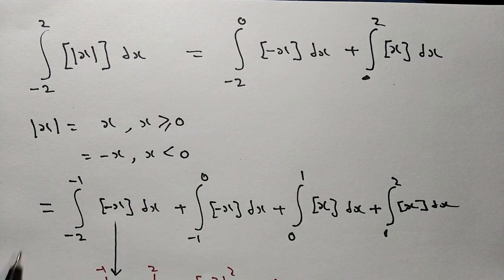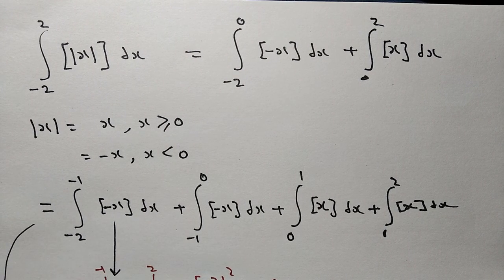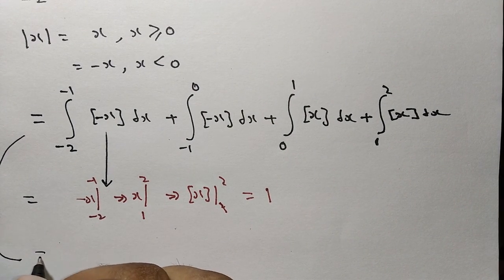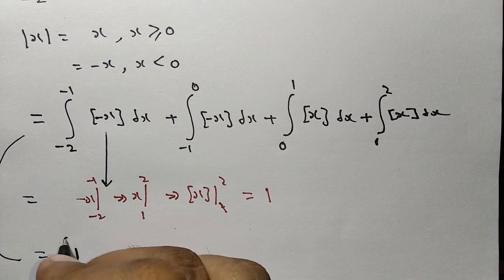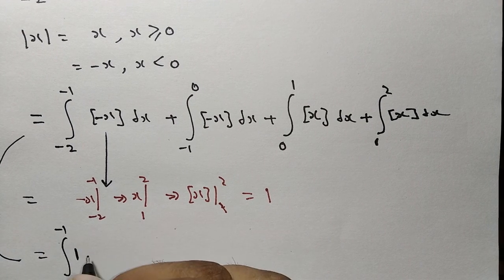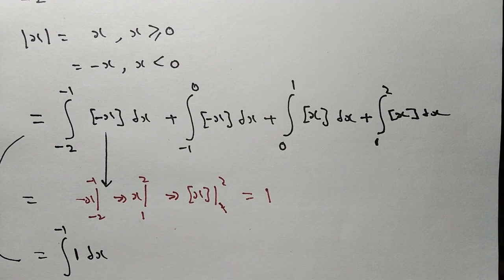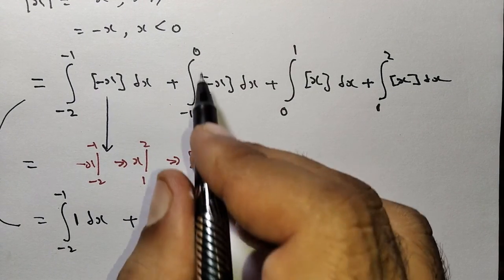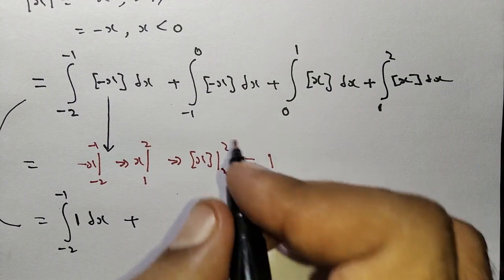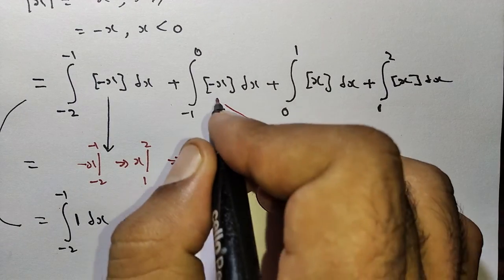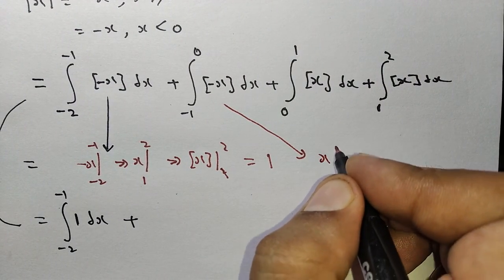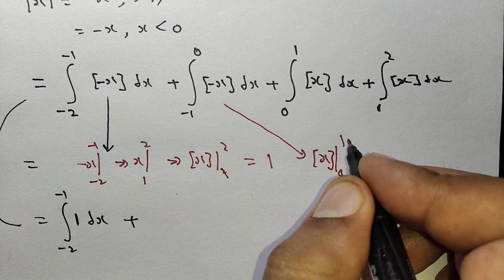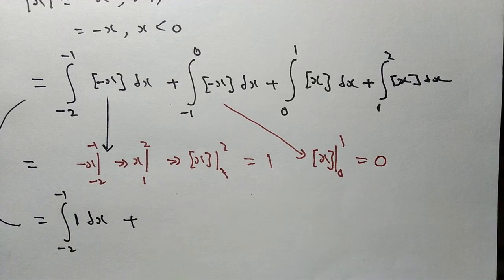So we can write this as 1 times integration minus 2 to minus 1 dx, plus minus x from minus 1 to 0. This means x from 0 to 1, and the greatest integer function of x from 0 to 1 is 0.